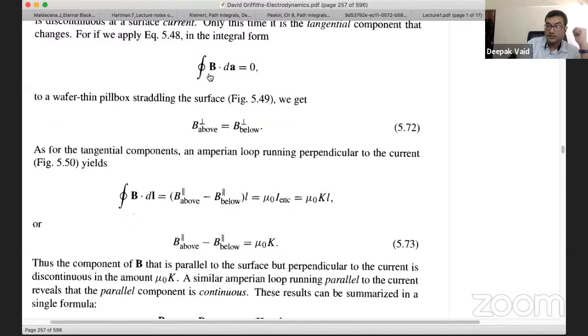So this on the left is equal to the transverse component of B above the sheet minus the transverse component of B below the sheet. But this is equal to 0 because there are no magnetic charges. So that means that the transverse component of B above and below has to be equal to 0.